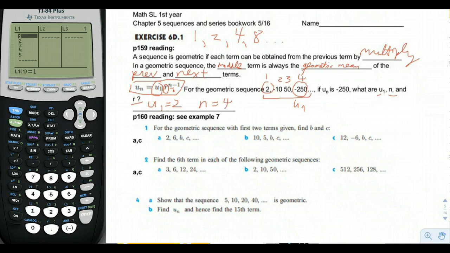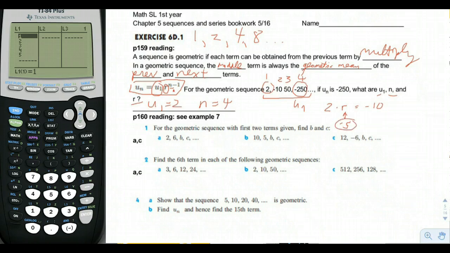Now what's r? r is the number that you multiply by to get from one term to the next. So for example, 2 times r would be equal to -10. So what's r? r would be -5, right?